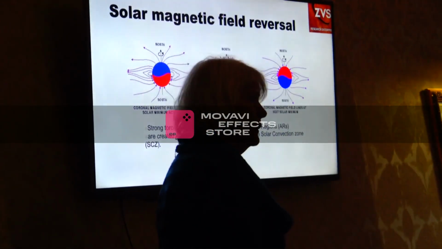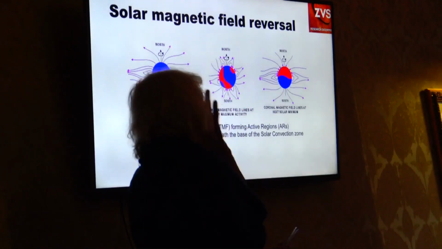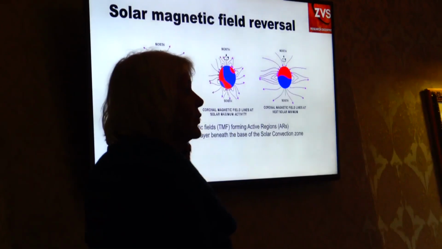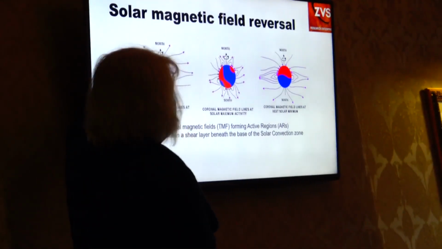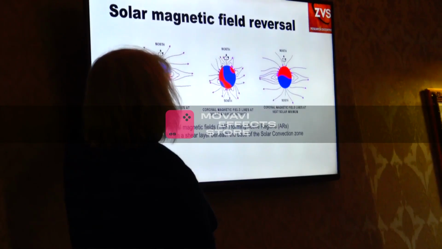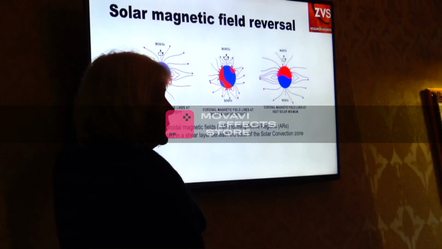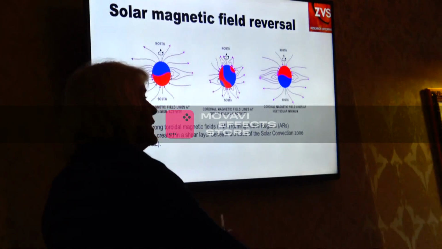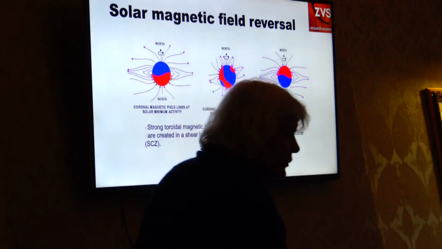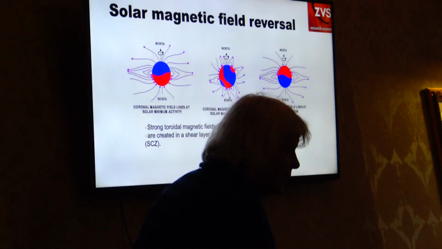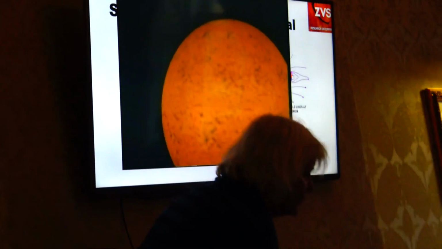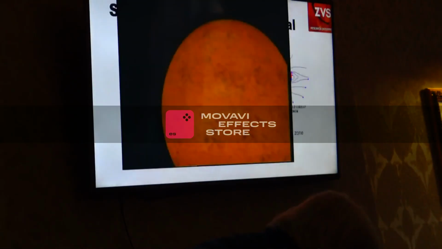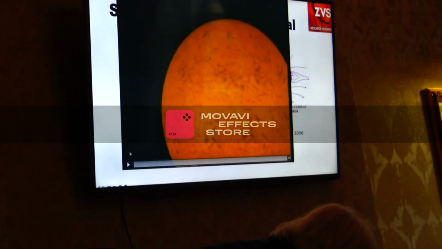Why is this happening? Why does solar activity happen? With the general understanding, at the beginning of one cycle, the minimum, the magnetic field of the sun has north polarity on the north, south polarity on the south. Then the sun rotates around its axis.